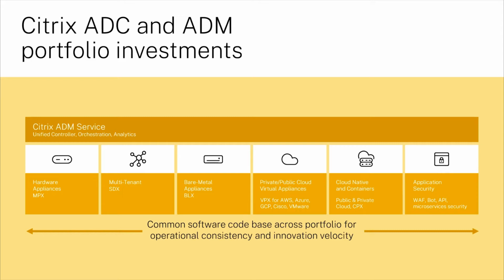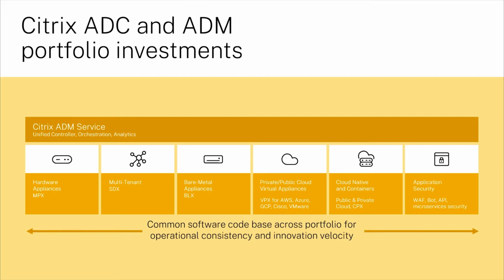That application delivery fabric is realized in the Citrix Application Delivery Manager, or ADM service. Citrix ADM service is a cloud-based control and management plane for your Citrix Application Delivery Controller infrastructure, also providing you ML-driven analytics.